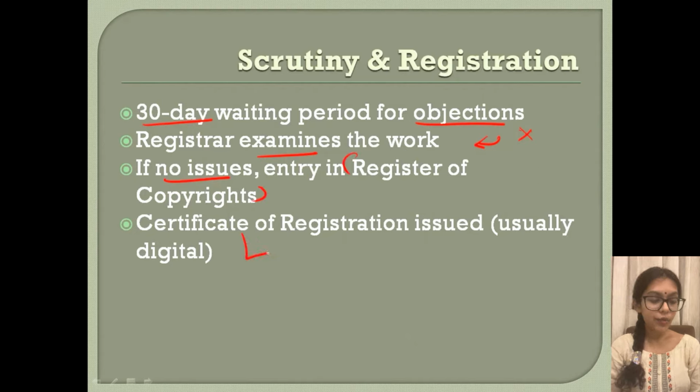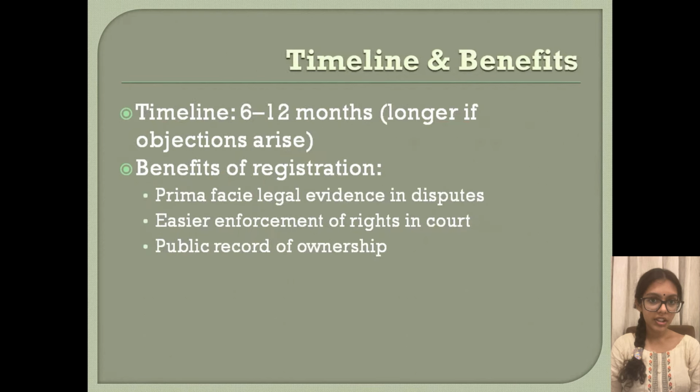And lastly, you will receive a certificate of registration, which is usually provided digitally. Now, registration is not exactly compulsory, but it makes enforcement easier, and it also strengthens your stance in court in case of any dispute, and it also provides a tangible public record of your rights. Now, that is basically how a copyright is registered in India.